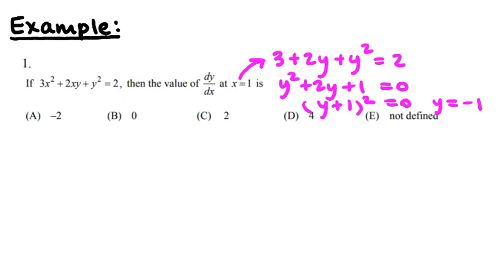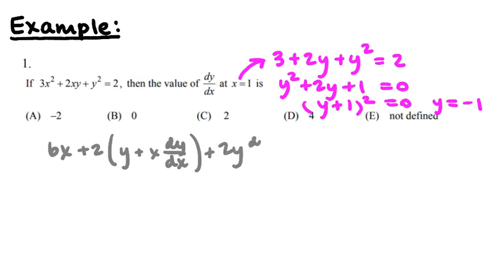I can go ahead and take the derivative. Okay, 3x squared gives 6x, plus 2 times the derivative of xy: take the derivative of x and leave y the same, then leave x the same and take the derivative of y. Then take the derivative of y squared, equal to 0.